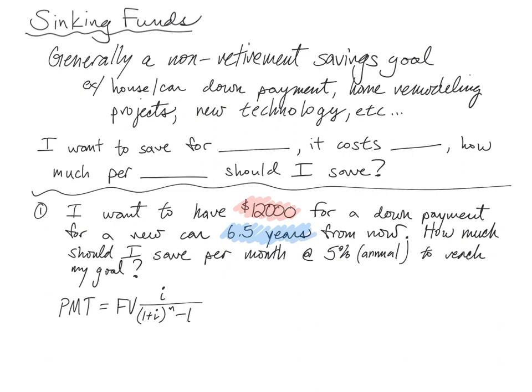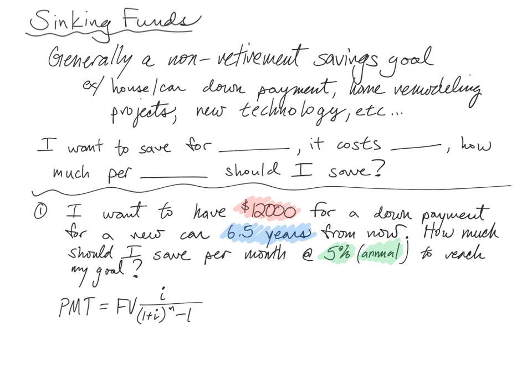But I want to know how much I should save per month, so I'm going to have to convert years over into months. I have an interest rate here, 5%, but that's annual, so we'll have to do another division. And we can't do that division until we figure out how many months we have. Okay, this is going to be interesting. So let's see what we can do here. I'm going to start with the time because that is what we need first.